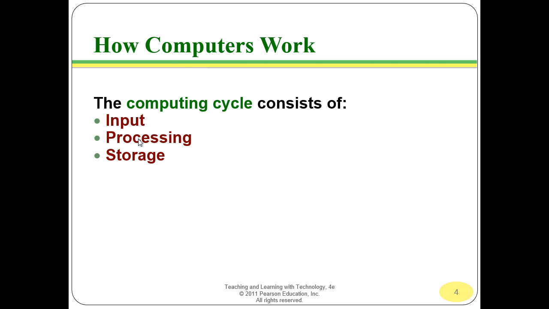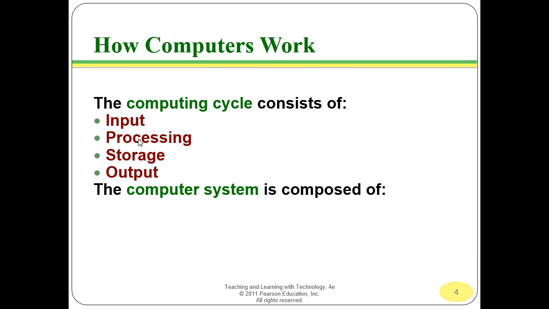We can take our information, save it to a hard drive on our computer, or a thumb drive, a flash drive, or on a CD-ROM, or a DVD disc, and store it and keep it for a later time. And then finally, output, whether we can either see the data that we've input, or else get a hard copy of it from a printer.